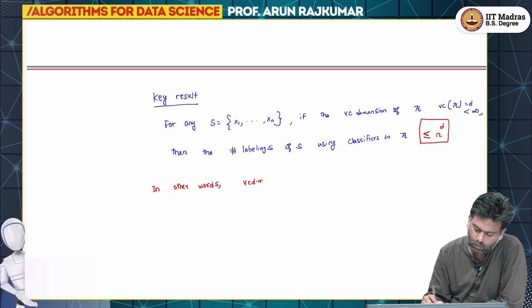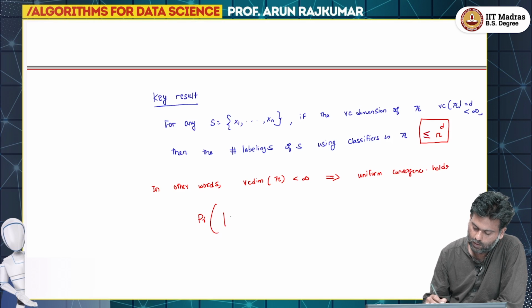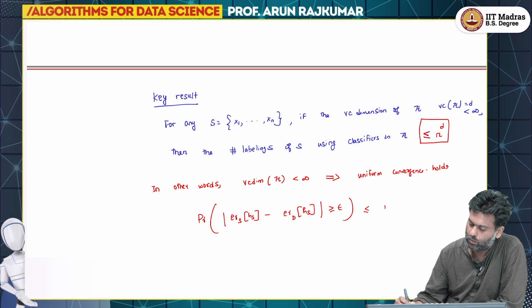VC dimension of H less than infinity implies uniform convergence holds. That is because the probability that the difference between the training error of my hypothesis and the test error of my hypothesis is greater than or equal to epsilon is going to be less than or equal to, let us say the VC dimension is d, which is less than infinity, n power d e power minus 2n epsilon squared.